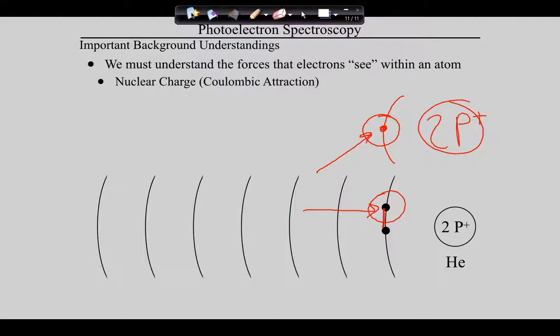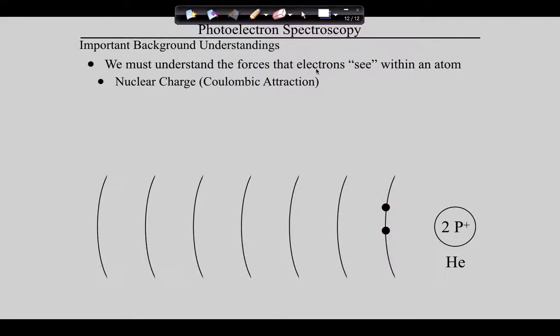Okay, now guys, track this, because I think you can probably guess where we're going next. Let's go to lithium. Let's just jump right to the lithium atom. Now that we're talking about the lithium atom, let's talk about the forces that these electrons are seeing. And let's use, Catherine, the term that you brought up a second ago.